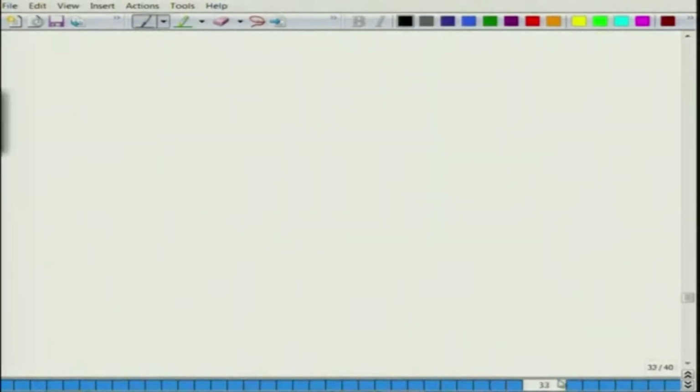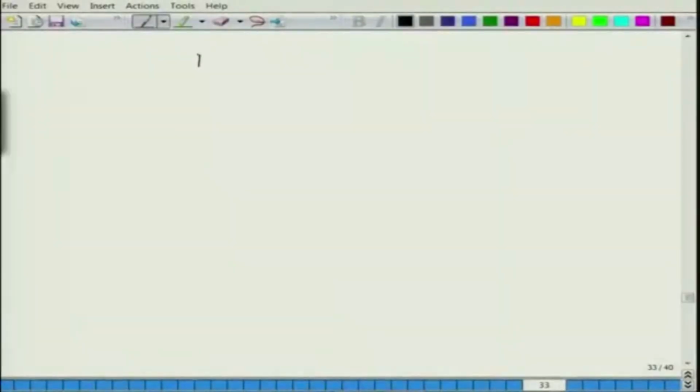Okay. So, now we will do the analysis for the most common parabolic trough collector, which is the most common concentrating collector. Okay. So, we will look at parabolic trough collector.